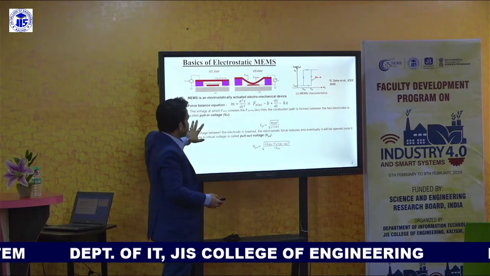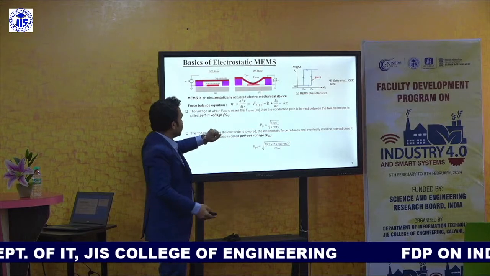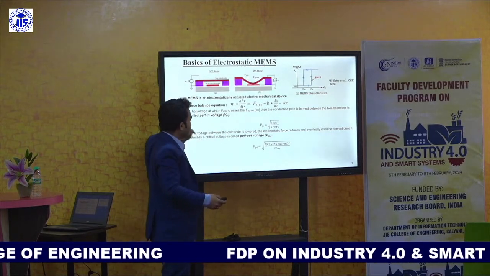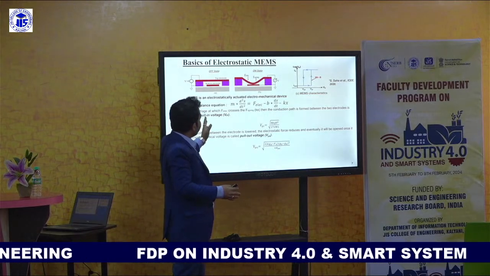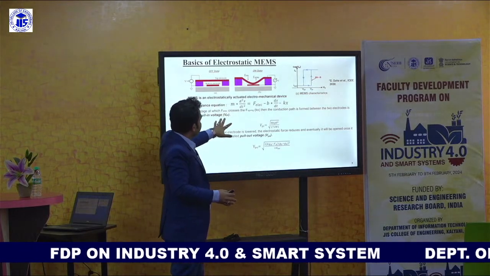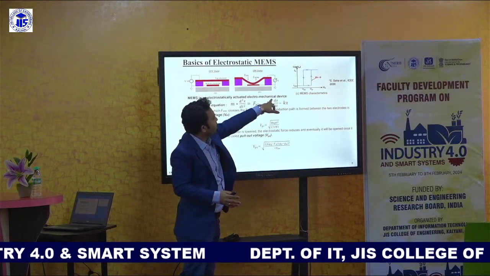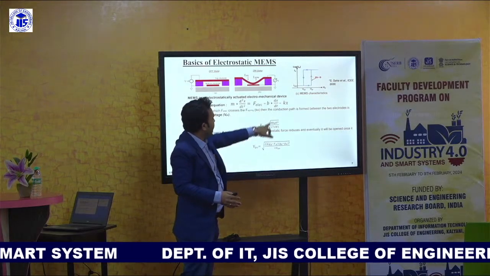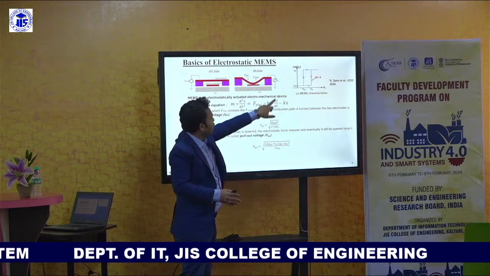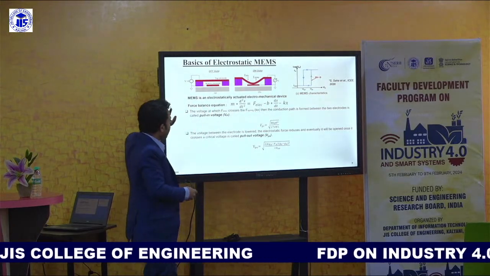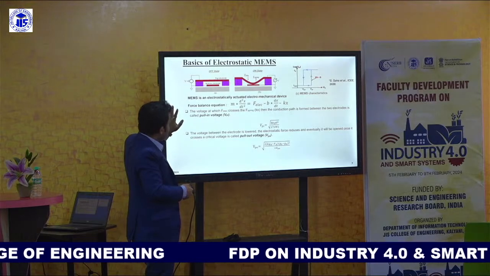As we know the CMOS technology, in case of CMOS technology we know the threshold voltage, right? When the current starts to flow from source to drain. The same way, in case of MEMS technology also, there is the pull-in voltage when the current shoots up from the off-state to the on-state. And the pull-out voltage is when it comes from the on-state back to the off-state. So that is one view of electrostatic MEMS.